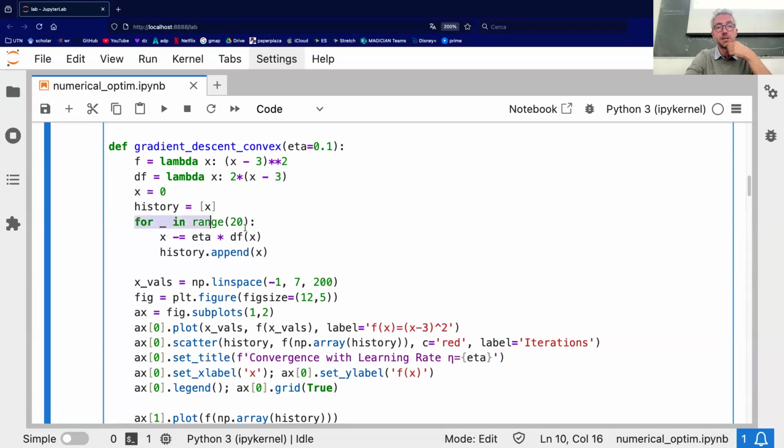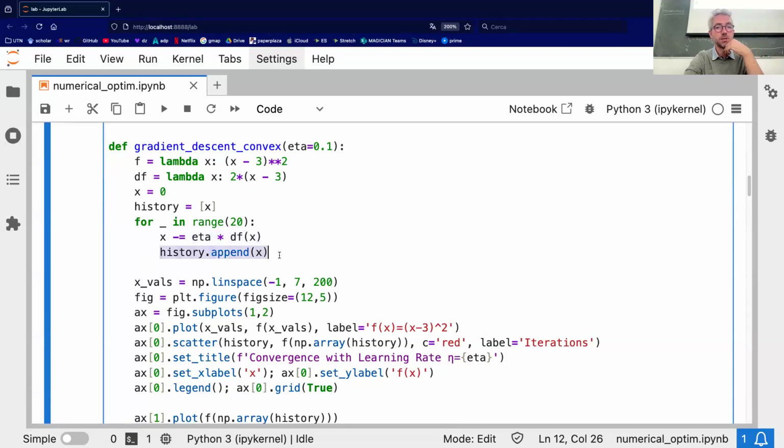And then I'm going to iterate the algorithm for 20 times. At each iteration, I subtract from my current guess of x eta times the gradient of f. That's exactly the same expression that I wrote above, but implemented in code.